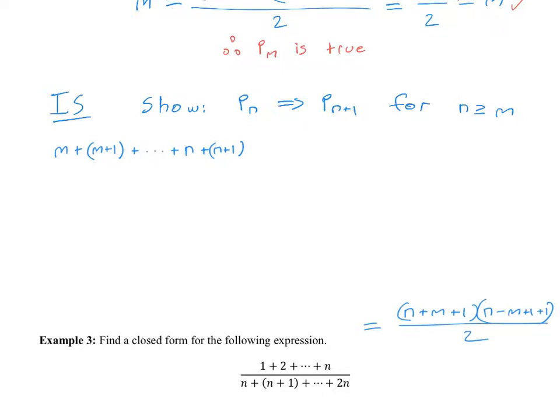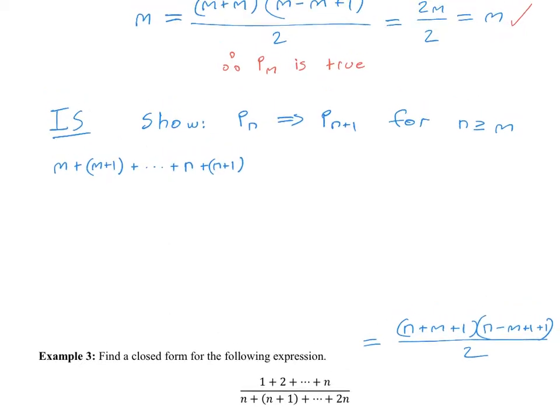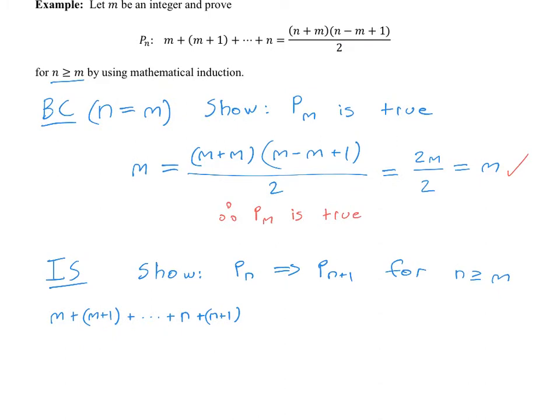So what I've done is replaced the n with n plus 1 in my original expression. So if we scroll back up, that's my original expression, and everywhere I saw n, it got replaced with n plus 1.